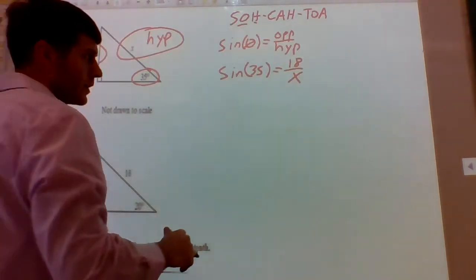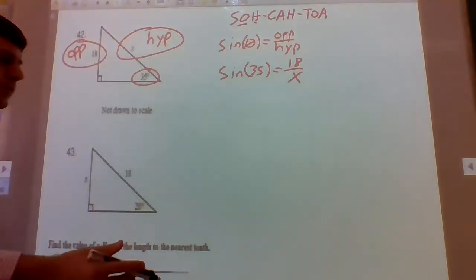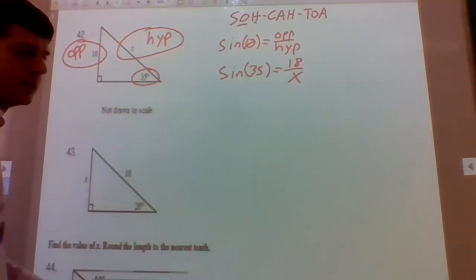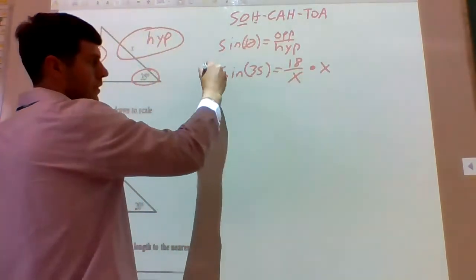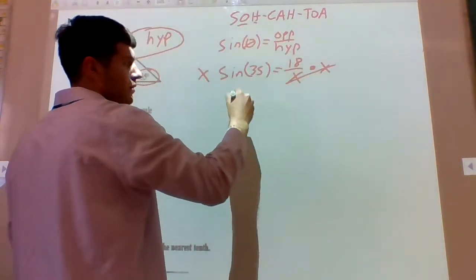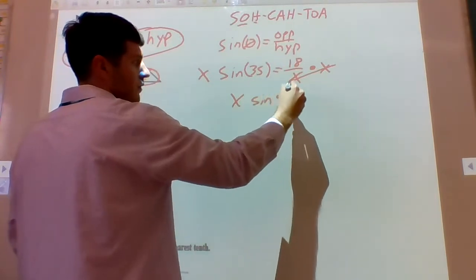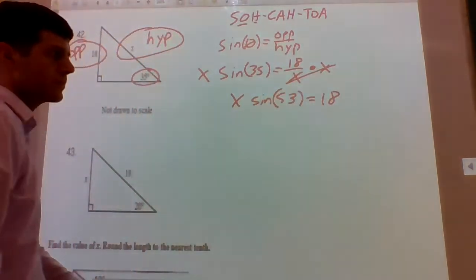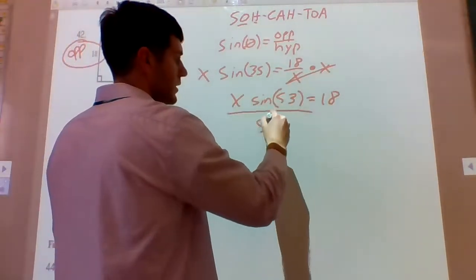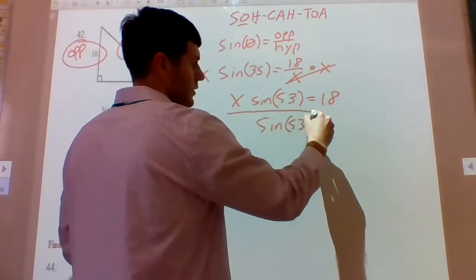Again, you've got to get x by itself. In order to do that, x first needs to get out of the denominator. To get it out of the denominator, we multiply both sides by x. x sine 53 equals 18. Then to get x by itself, we divide by sine 53 on both sides.